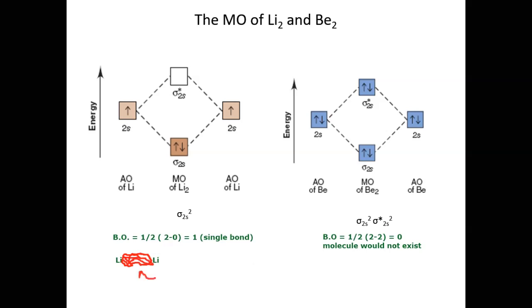It's a lobe of electron density between 2 atoms.